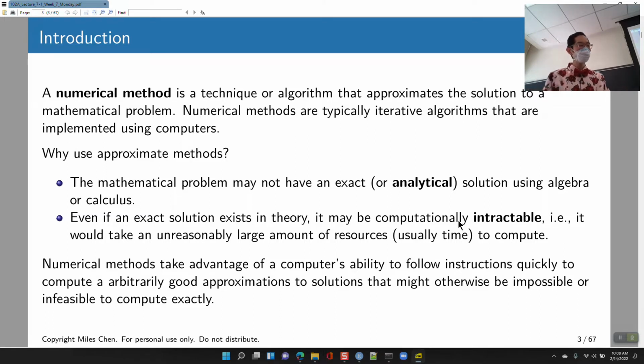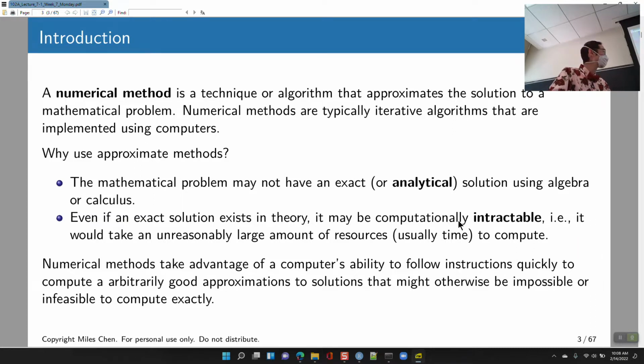A lot of these are iterative methods, and we use them with computers because computers are good at doing calculations iteratively and quickly. They're not good at analytic thinking, but if you just need an approximate answer, computers are great for that, right?